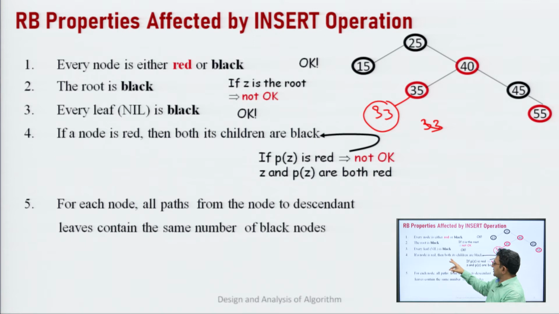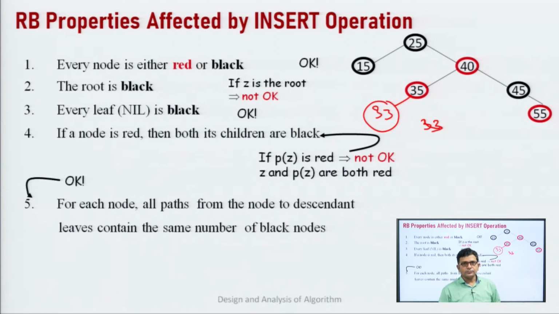Now, the fourth property: if a node is red, then both its children are black. This property may not be okay, because suppose we insert a new node Z with color red, and its parent is already red. Then there will be two consecutive red nodes, which is a violation of property number 4.